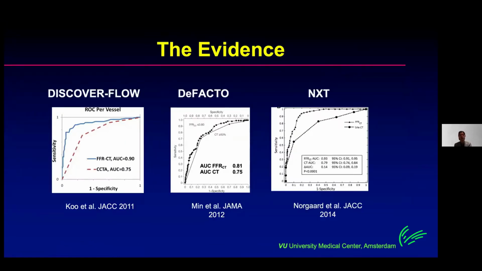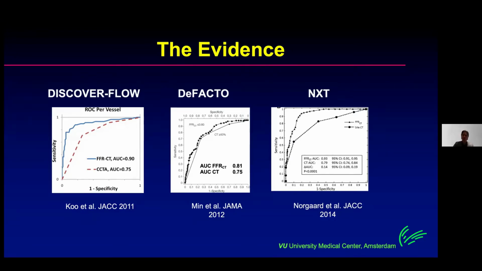Then we had three major trials. This is what I call the evidence slide: the DISCOVER-FLOW, the DeFACTO, and the NXT, each with new iterations of FFRCT with mixed results. But the last results were that the NXT trial, published by Norgaard in 2014 in JACC, proved that if you add computational software to basic CT imaging alone, you can enhance the diagnostic accuracy to send patients to the cath lab.